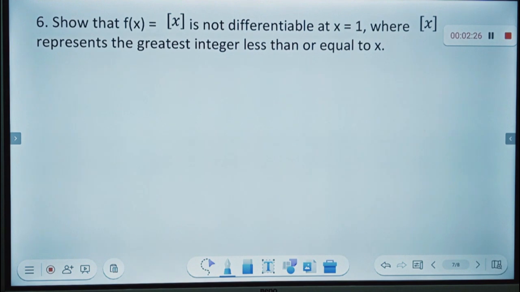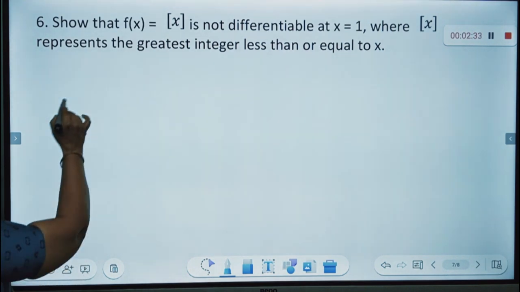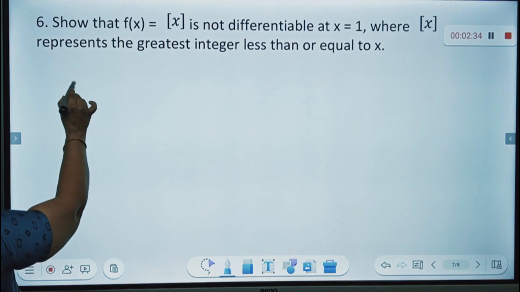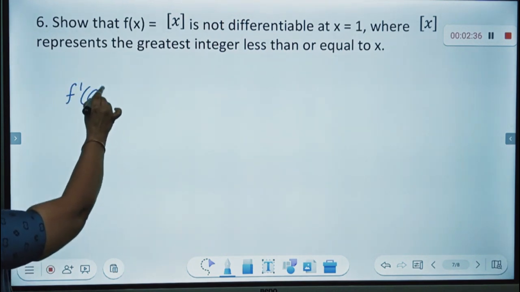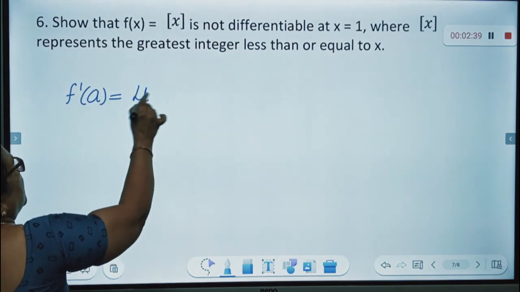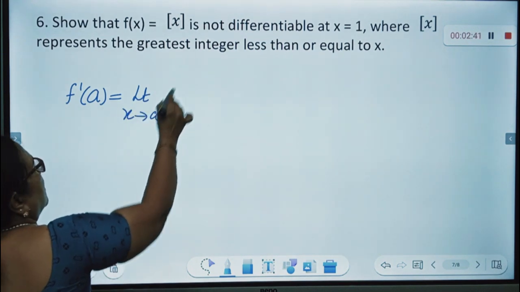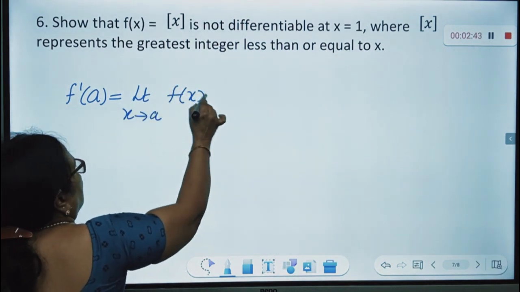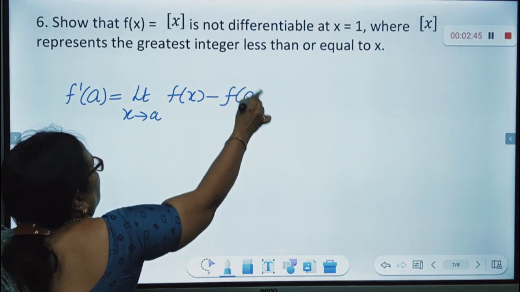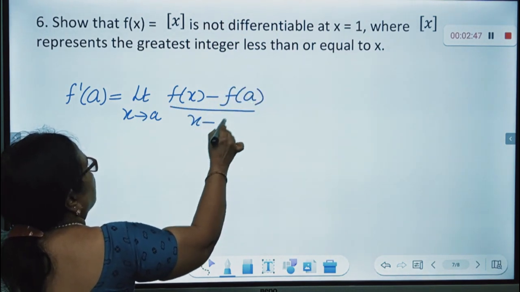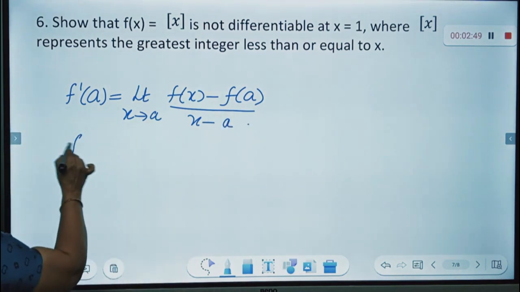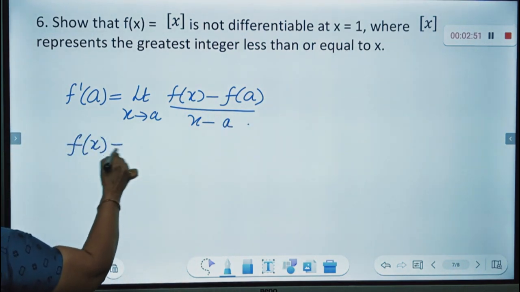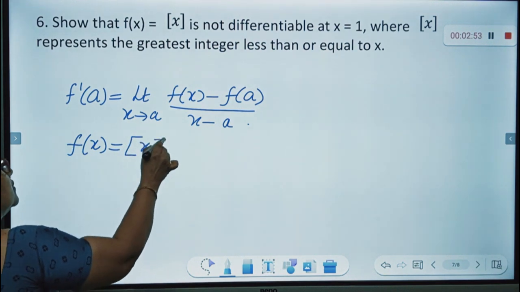Show that f of x equal to square bracket x is not differentiable at x equal to 1. So let us again recall the definition of derivative. f dash of a is the limit as x tends to a of f of x minus f of a by x minus a. Now f of x is square bracket x.